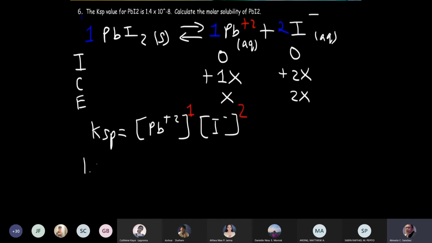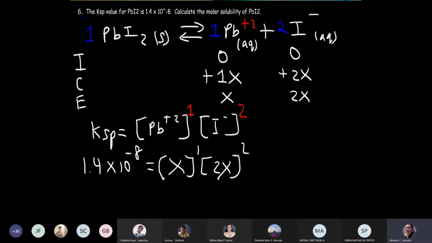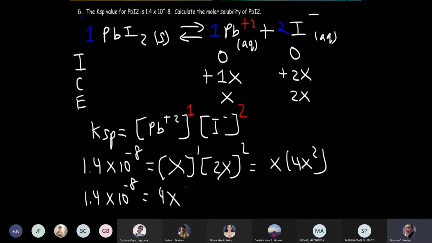Now, Ksp for lead 2 iodide is 1.4 times 10 to the negative 8, and lead plus 2 is equal to X, and iodide is equal to 2X. 2X times 2X is 4X squared, and X times 4X squared is 4X cubed. So 1.4 times 10 to the negative 8 is equal to 4X cubed.